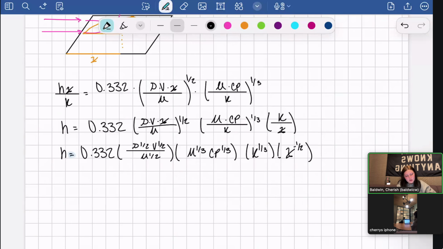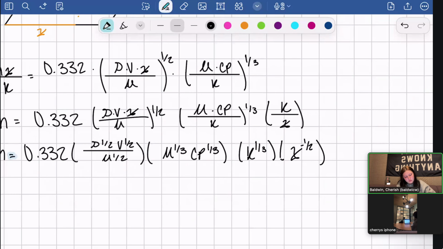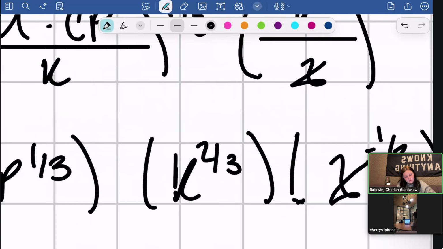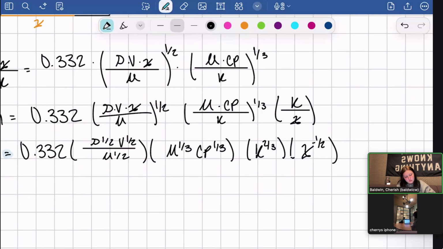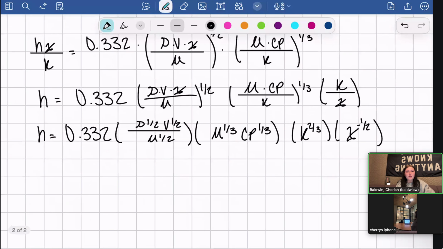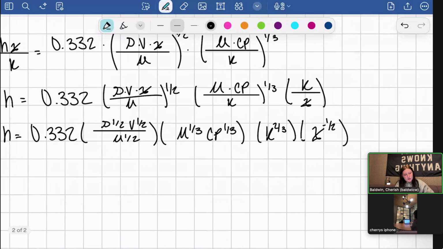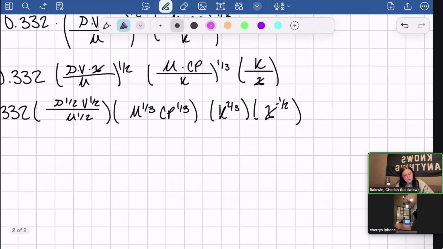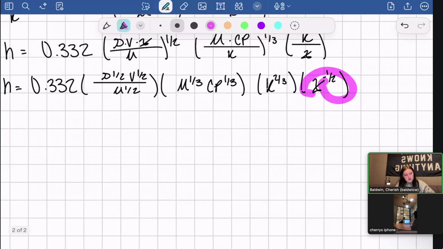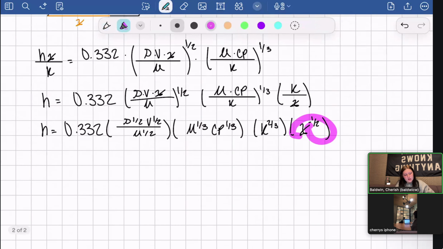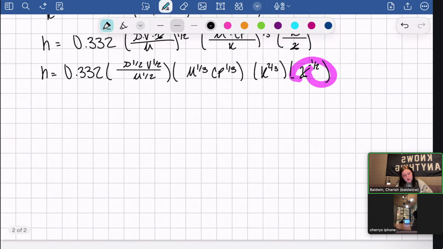So after simplifying, what stands out to me is the x. So the distance, if you were to decrease x, h would increase.